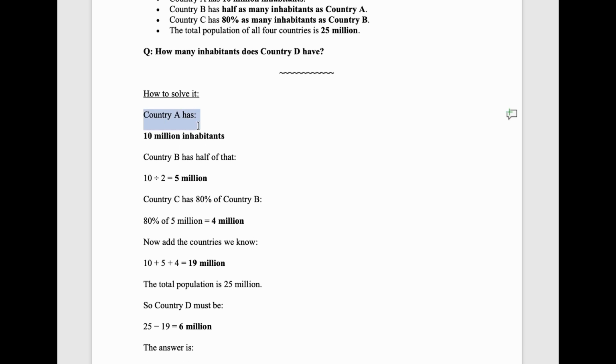You start with the first information you have, which is about country A. It has 10 million inhabitants, and you know that country B has half of that, so you easily get to 5 million. Then you have to get to the population of country C, which has 80% of country B, and you easily get to 4 million.